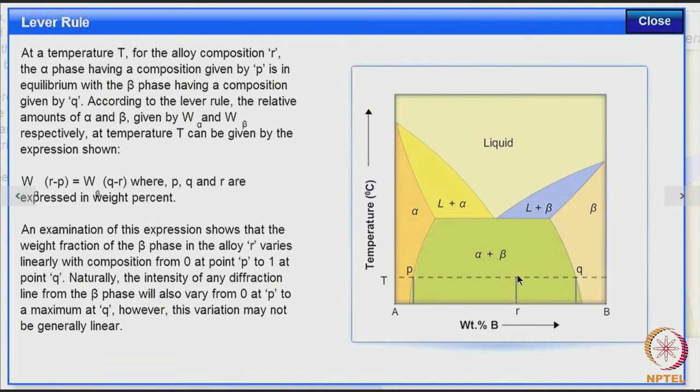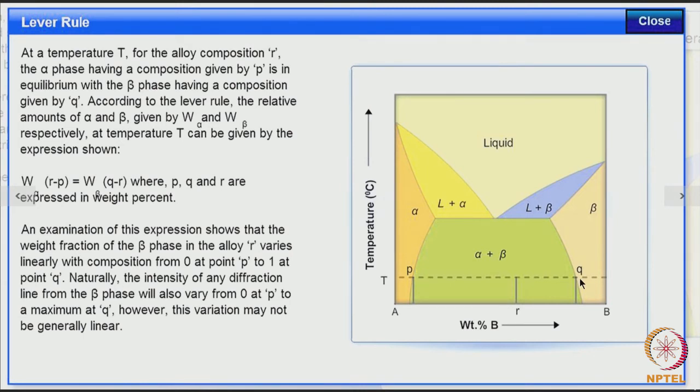That will be given by this length divided by the entire length. So, the weight fraction of the alpha phase at this temperature will be given by this length divided by the entire length. And what will be the weight fraction of the beta phase? It will be this length divided by the entire length.